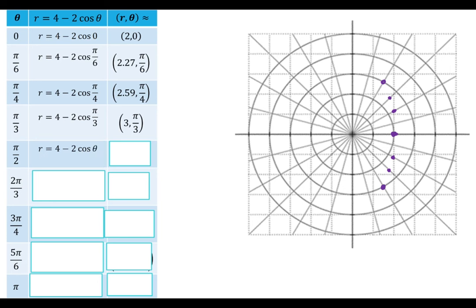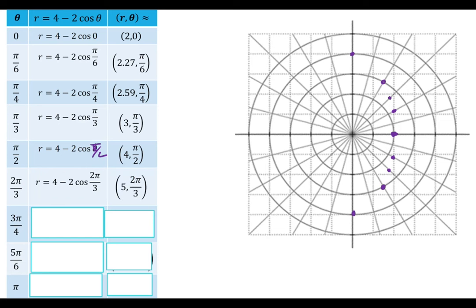Then pi halves. 4 minus 2 cosine of pi halves. That's going to give me 4 at pi halves. So 4 at pi halves, mirror point. Then 4 minus 2 cosine 2 pi thirds, that's going to be 5 at 2 pi thirds. And then we get the mirror point. Then 3 pi fourths, that's going to give me 5.41. 5.41 is about right there.